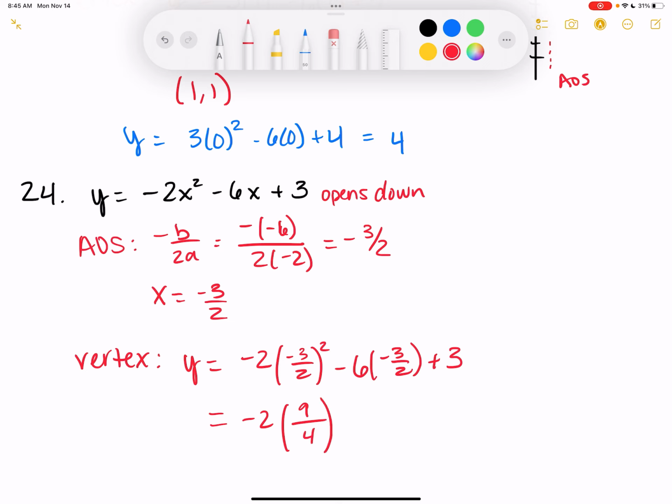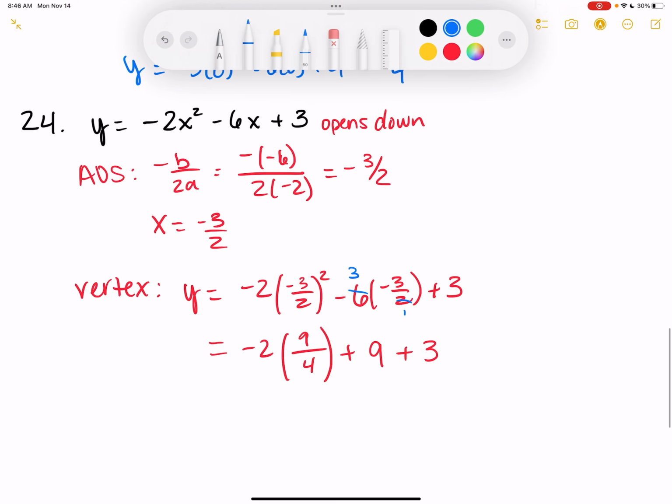Then I'm going to go ahead and cancel as much of this as I can. Negative times negative is going to be positive. The 2 here cancels with the 6 to give you a 1 on the bottom and a 3 there. So that's going to be plus 9, plus 3. Then the 2 and the 4 can cancel, leaving you with a 2 on the bottom.